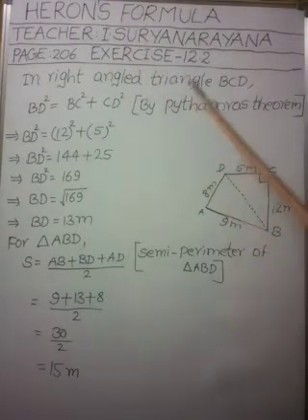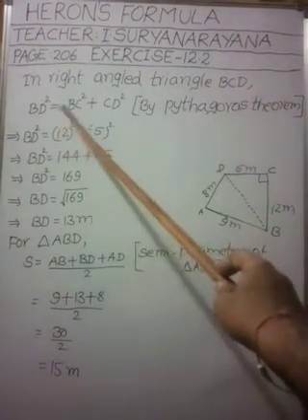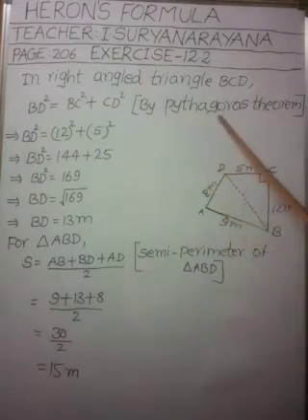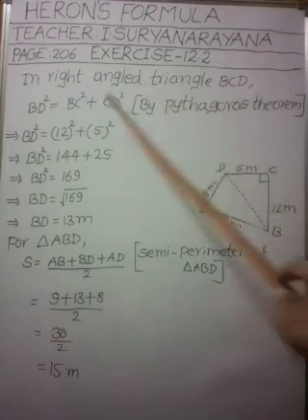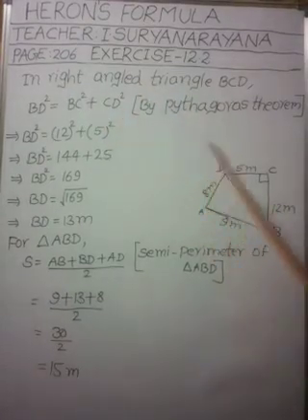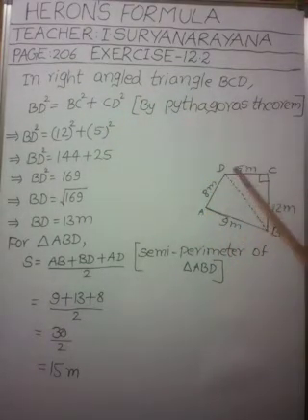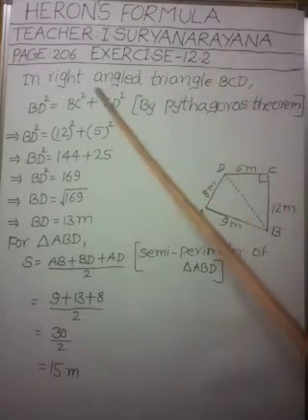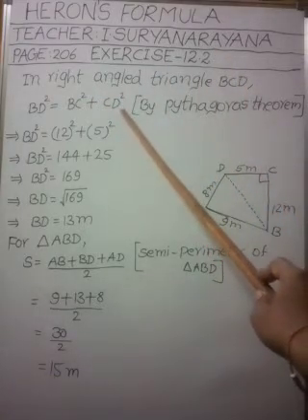So in right angle triangle BCD, by applying the Pythagoras theorem, we can write this statement: BC square plus CD square is equal to BD square. BD is the hypotenuse, because this side is opposite to the right angle. Understood this statement, my children?